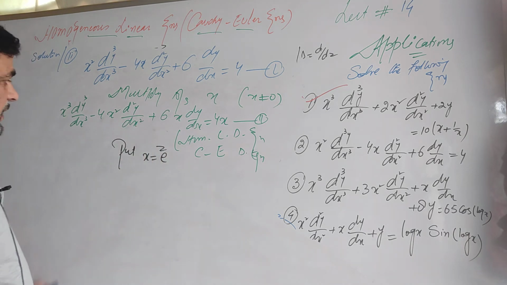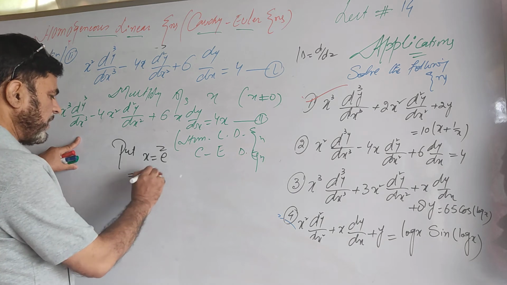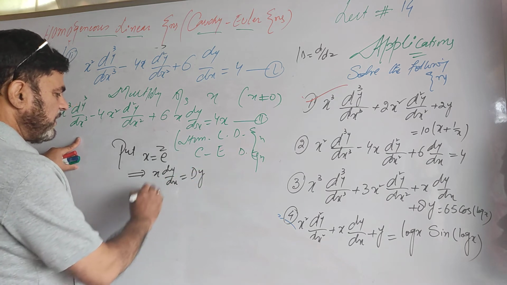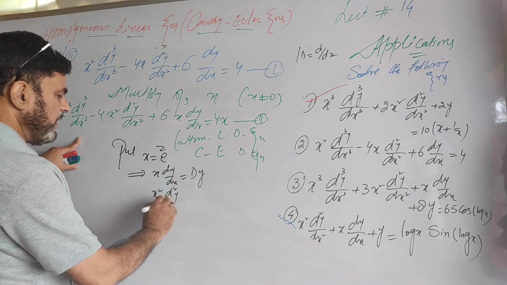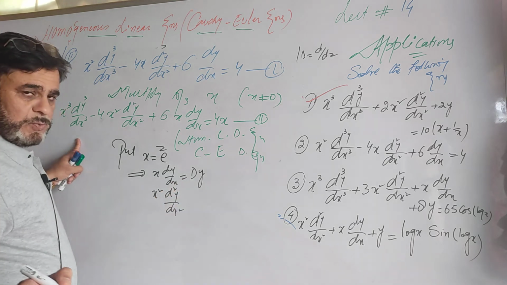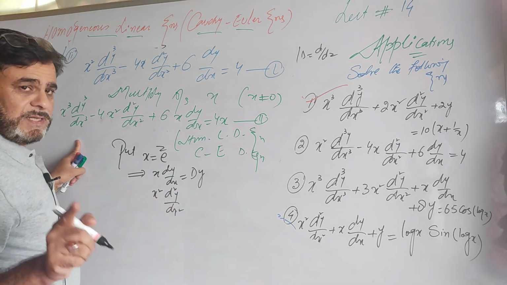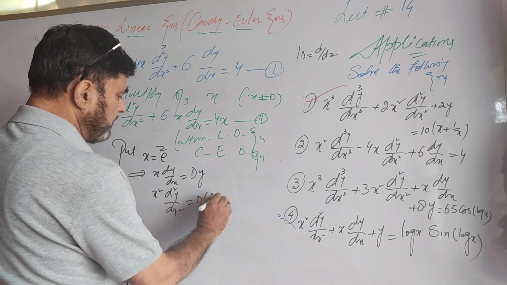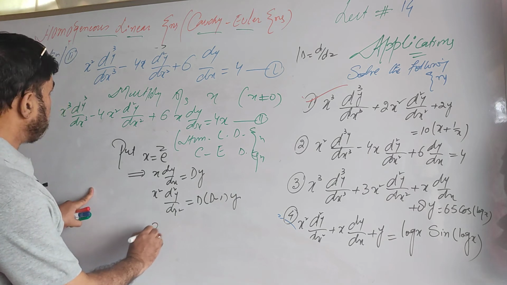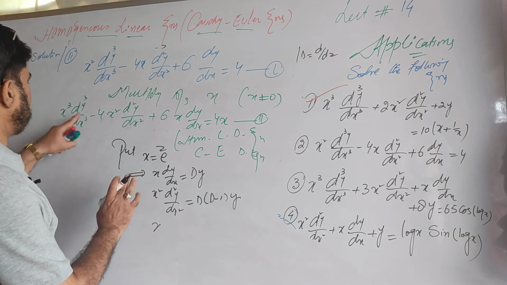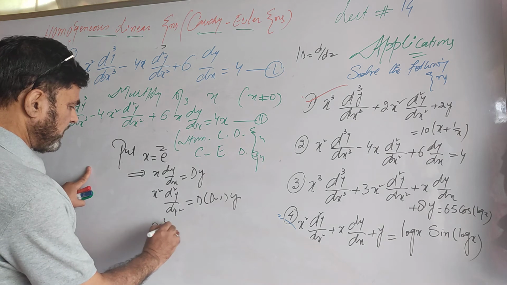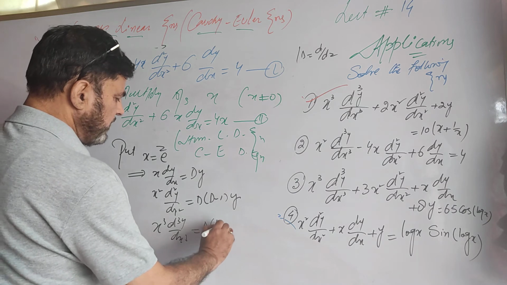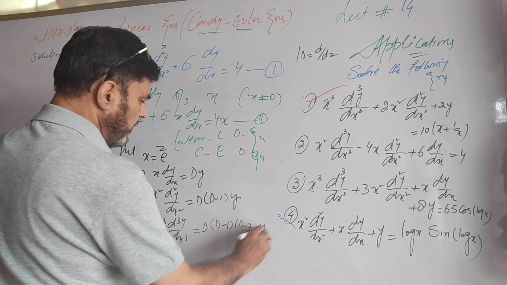When you put x is equal to e raised to the power z, what do you get? This gives you x dy by dx is Dy. This gives x squared d2y by dx squared is D into D minus 1 into y. You have x cubed d3y by dx cubed is D into D minus 1 into D minus 2 into y.